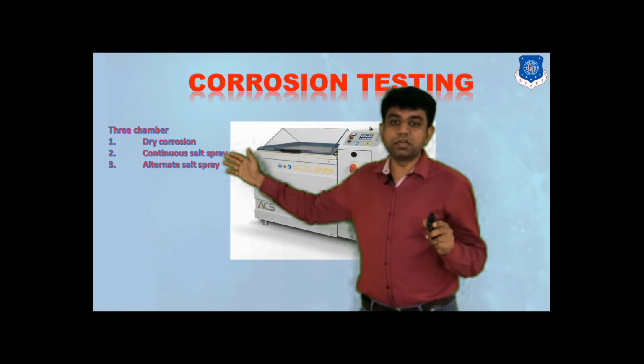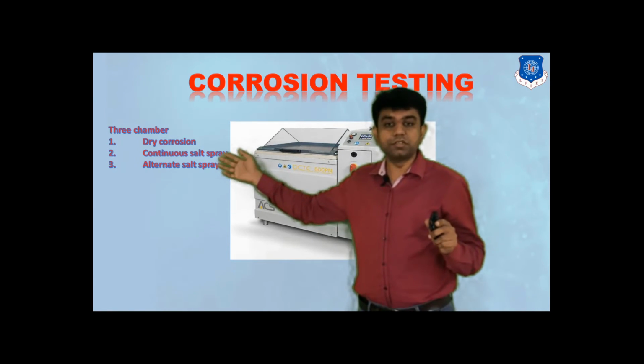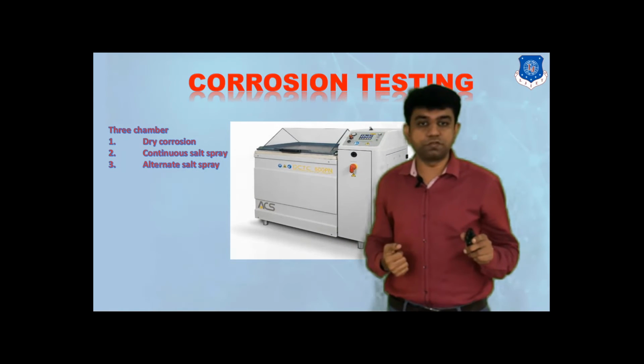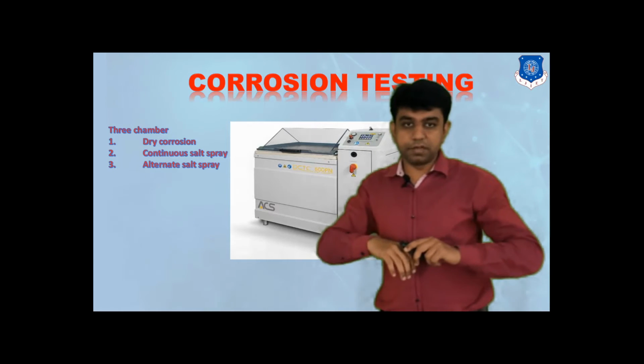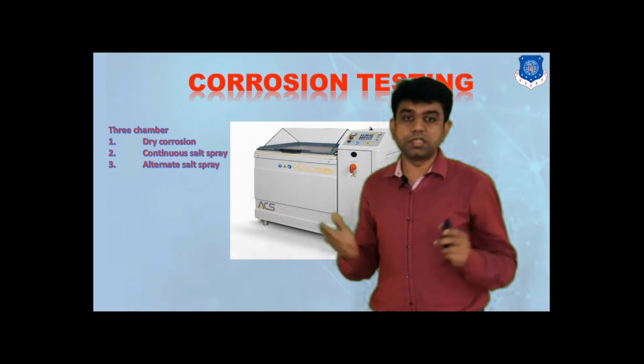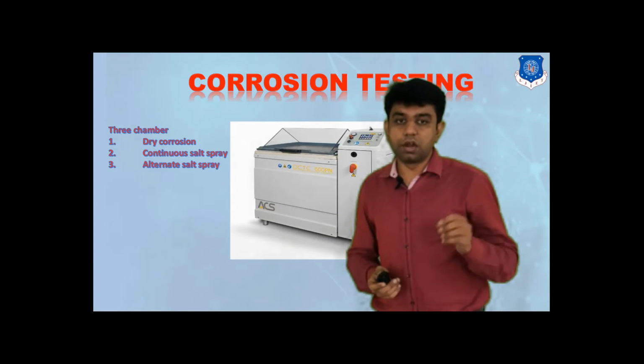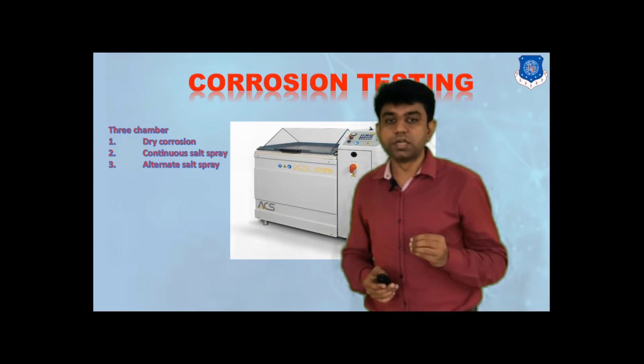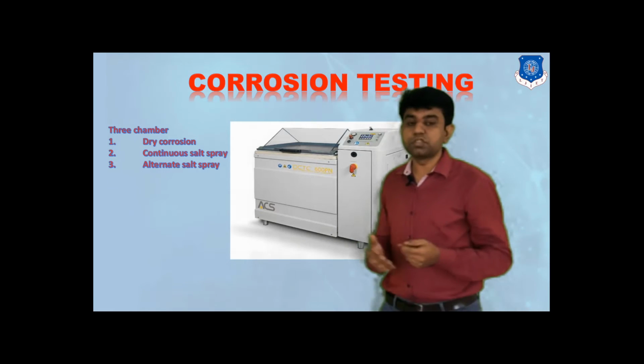Then we have a moisture type of atmosphere along with the salt spray. We use this salt spray in order to increase the chances of the development of corrosion, so that whenever the object is placed inside this moist atmosphere, and the atmosphere is also carrying some salt, the chances of development of corrosion would be increased.